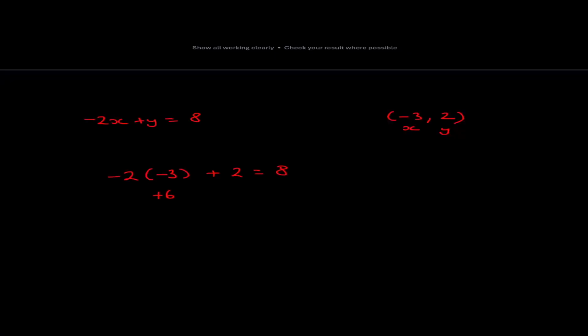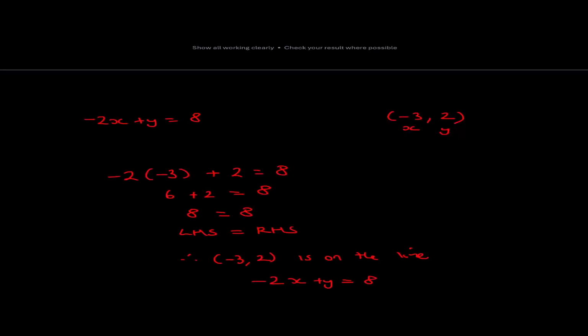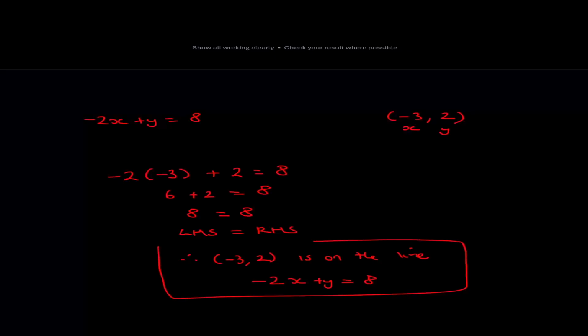And we don't even need to write the positive because by default, if we just have a number, we assume it's positive. So we've got 6 plus 2, and we want to know if that equals 8, which it does. 8 equals 8, left-hand side does equal the right-hand side. Therefore, the point -3, 2 is on the line -2x plus y equals 8.